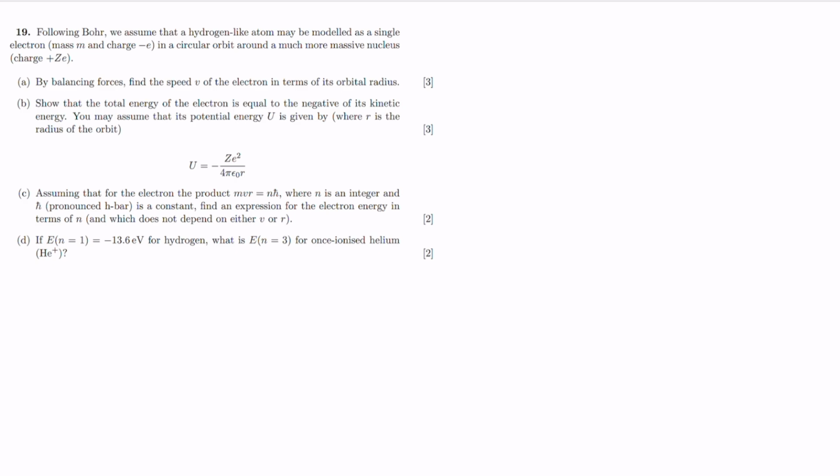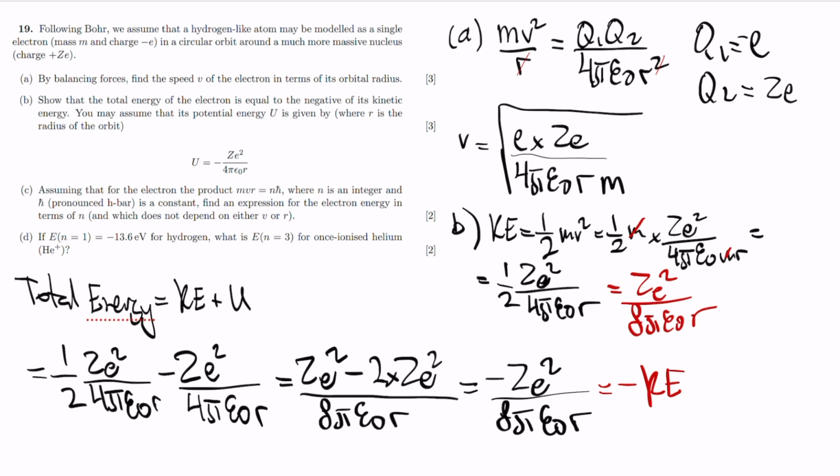I can directly rearrange the expression given for v. So we can say that v is going to be equal to n h bar divided by m times r. So v squared will be essentially this thing squared. However, we already have an expression for v, don't we? Or for v squared.